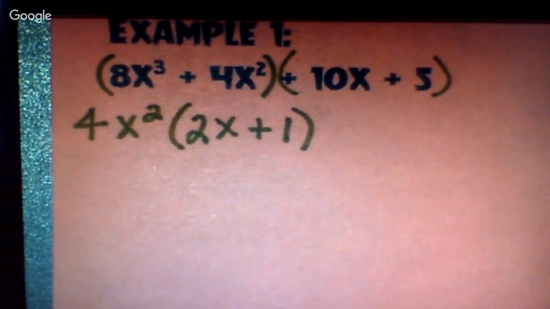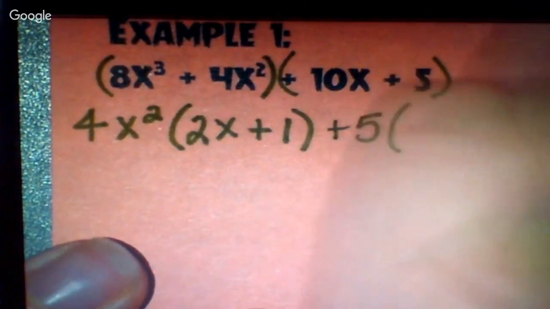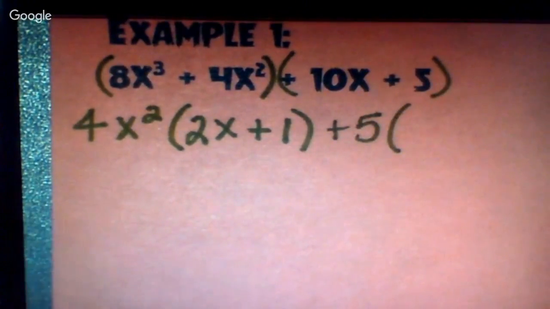We have to do the same thing to the second set of parentheses. We've got 10x and 5. What can I take out? A 5. So we're going to take out a 5. When I divide out that 5 from 10x, what's left?